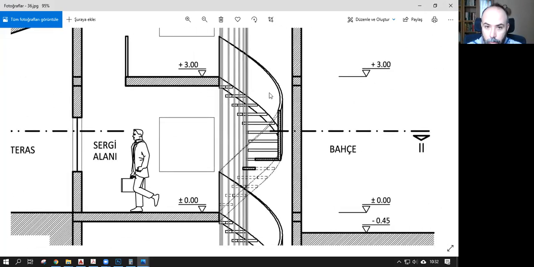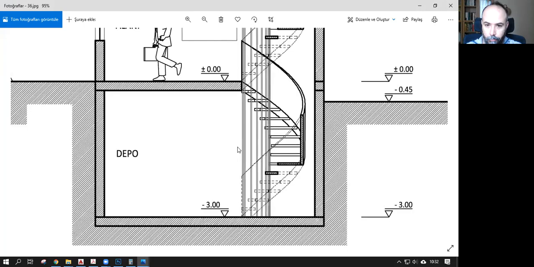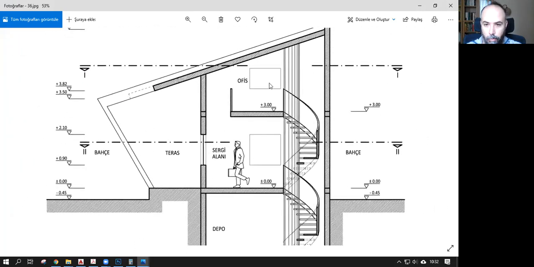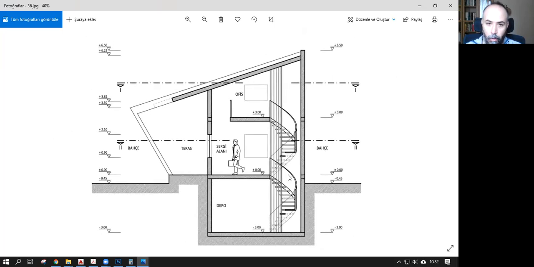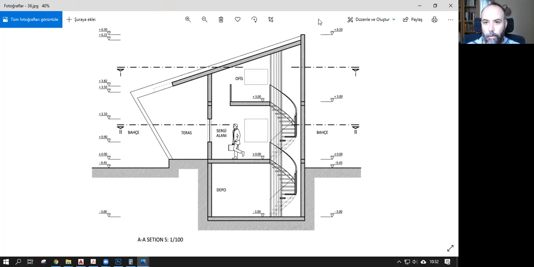And as you can see here, these surfaces are being cut, so they have the hatch as well. And we have the person, the names of the spaces, all the levels, plan section lines. And so this is the Aaa section. In the last video, the next one, we are going to do the elevation, the west elevation.